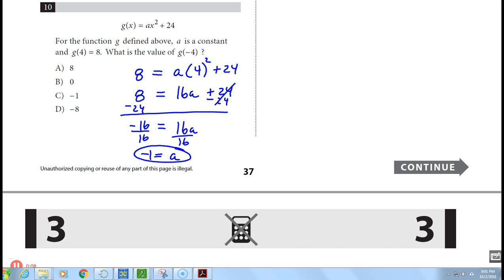Now, I didn't really need that. But if I went down that road, I could have used the 4 they gave me and the 8 they gave me, solved for a, and then repeated it for negative 4. Now that I know a is negative 1, and I'm supposed to stick a negative 4 in there and square it and add 24, what's the answer? Order of operations says I have to do negative 4 times itself.